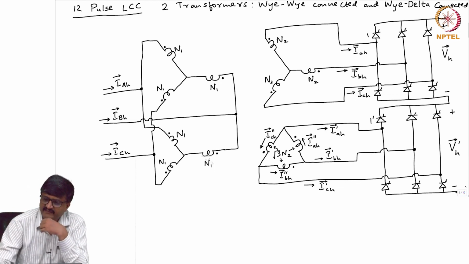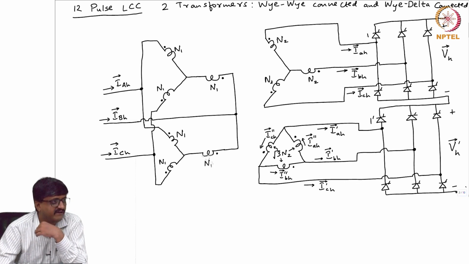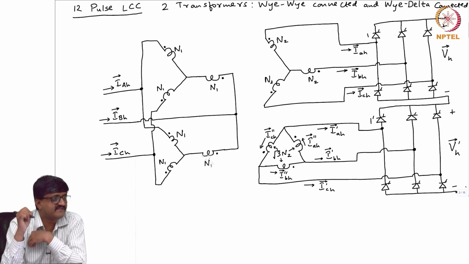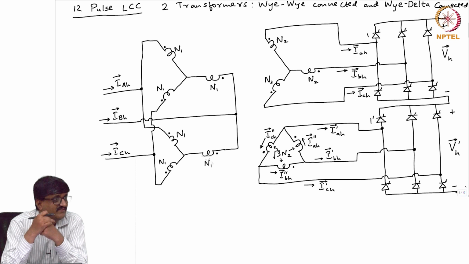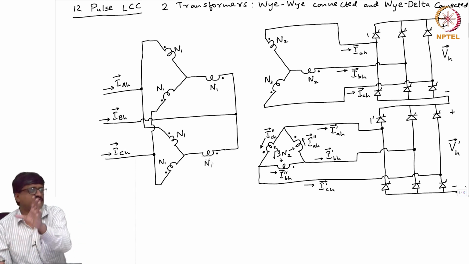So, if I give a gate pulse at some instant to valve 1 in the first LCC, then for valve 1 prime in the second LCC, should the gate pulse be at an instant which lags or leads, or at the same instant? It should be same. Why is it the same? See, there are two 6 pulse LCCs.